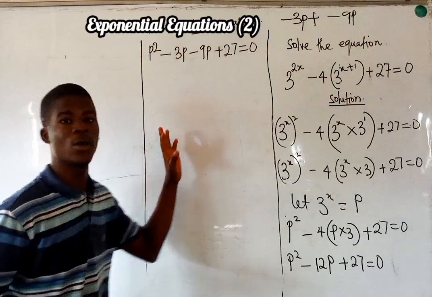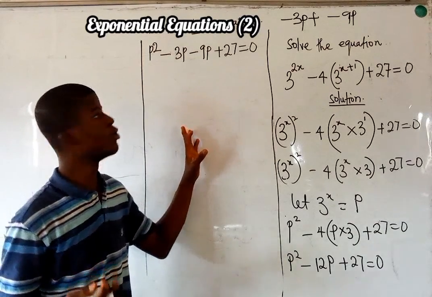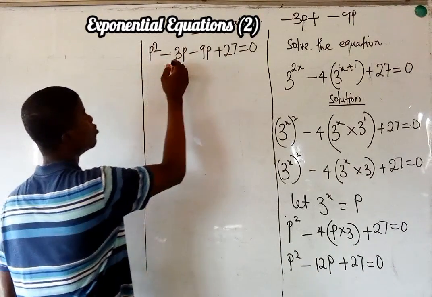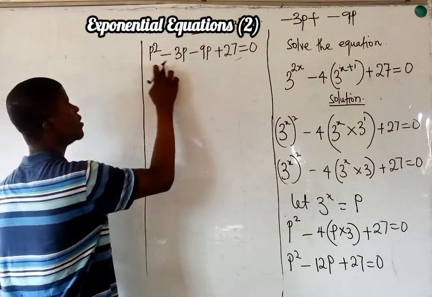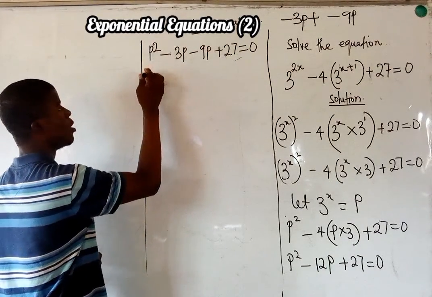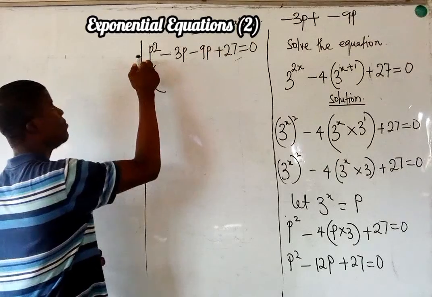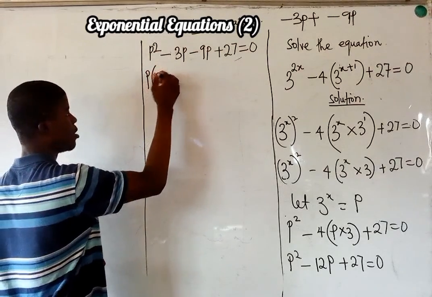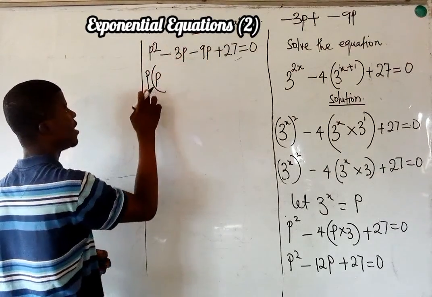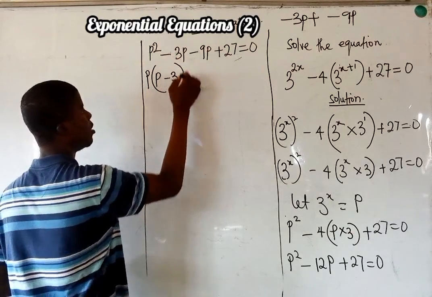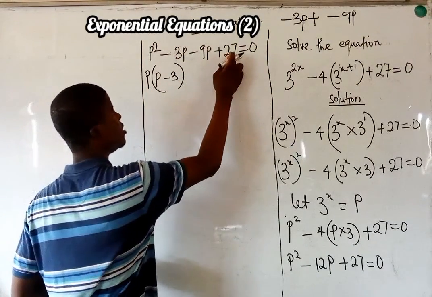Having done this, we'll factorize by grouping. Group them two by two. For the first two, p is common. I'll bring out p. p squared divided by p is p, then minus 3p divided by p is minus 3. Close the bracket. Then come to the next two.